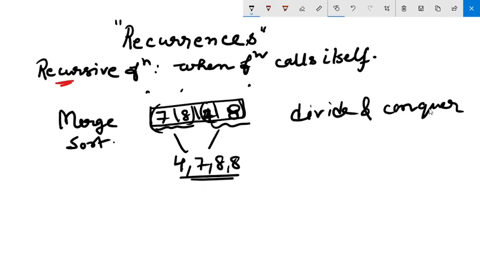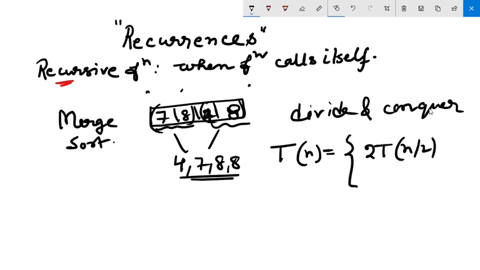So if we want to represent the merge sort procedure in terms of a recurrence relation, it will look like this: T(n) equal to 2T(n/2) plus theta n.